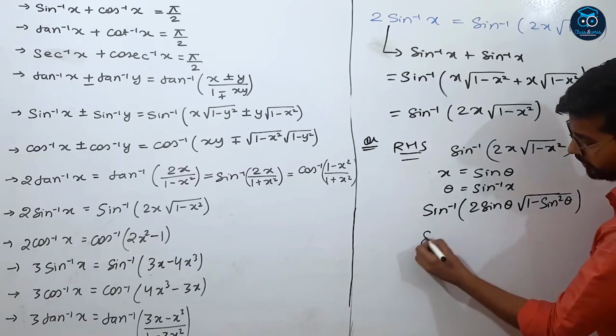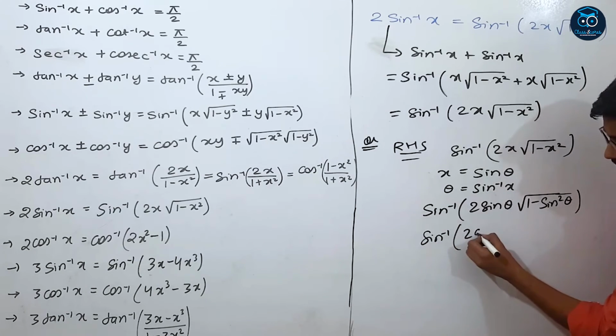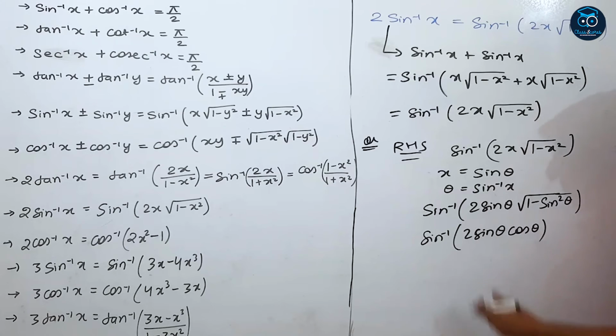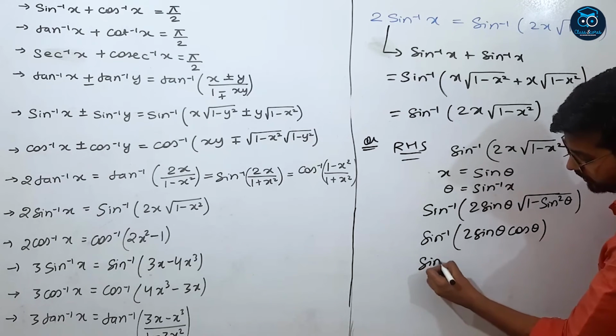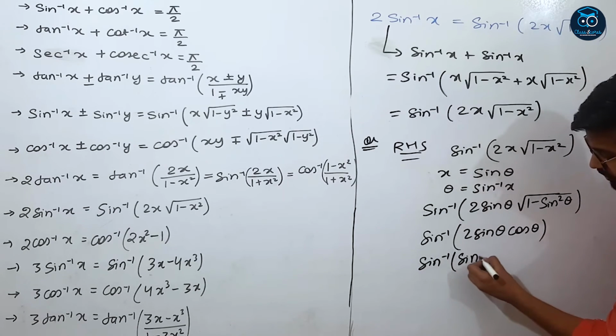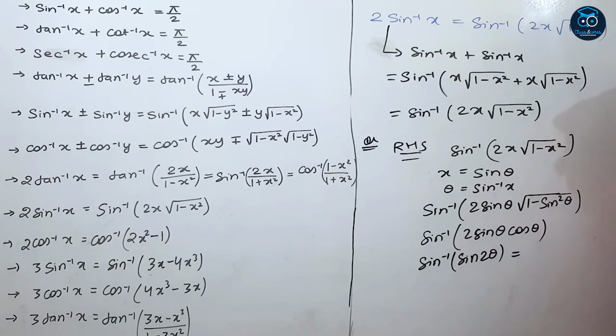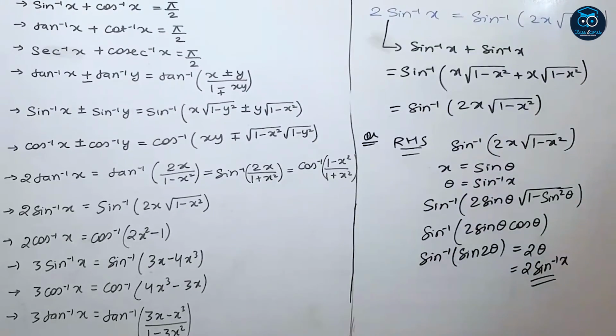We know very well the square root of 1 minus sin square theta is cos theta, so we can write 2 sin theta into cos theta, which is sin 2 theta. This will be simplified by the self-adjusting property, so we get 2 theta, and the value of theta is sin inverse x, so we get 2 sin inverse x, that is equal to the RHS. I hope this is clear. Please pause the video to note it down.